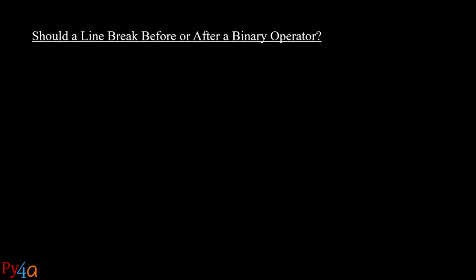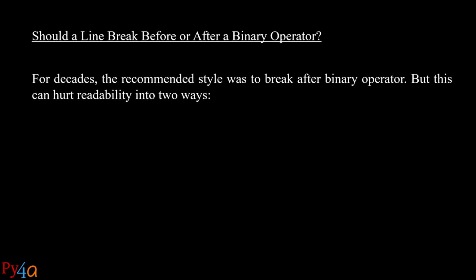So next, should a line break before or after a binary operator? What is PEP 8's recommendation on this? For decades, the recommended style was to break after the binary operator. But this can hurt readability in two ways. You remember one of the lines in the Zen of Python?